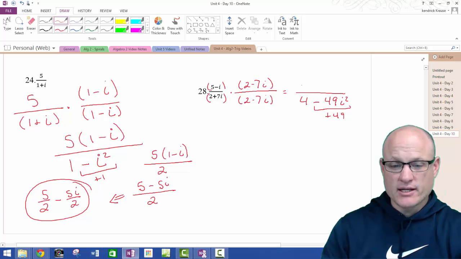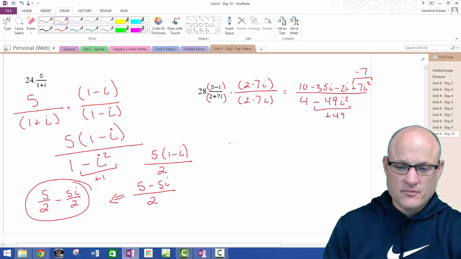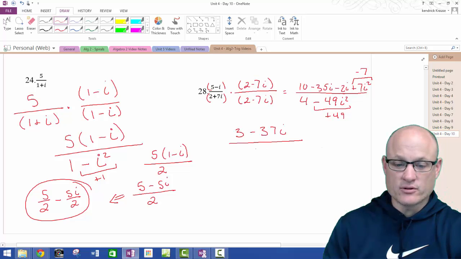I get 10 minus 35i minus 2i plus 7i squared. Well, plus 7i squared is really a minus 7. So in the numerator, I get 3 minus 37i over 53.